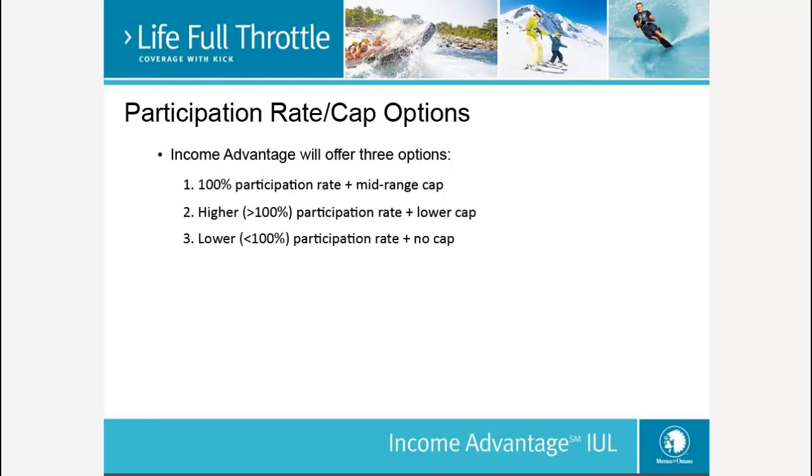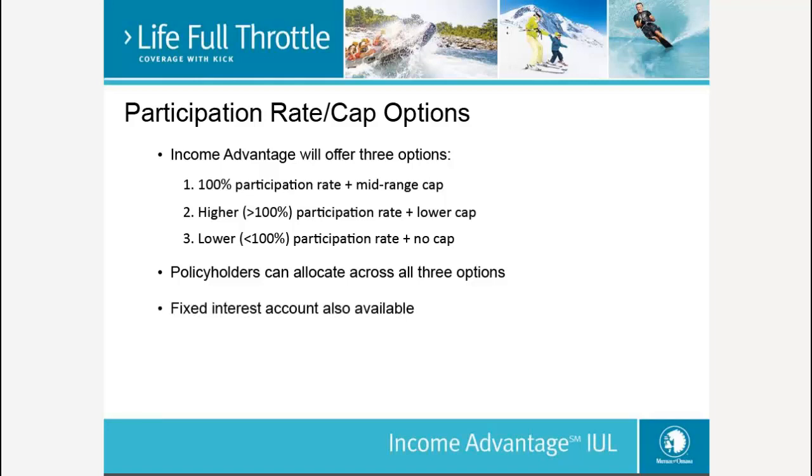The third option will provide a lower variable participation rate under 100% with no cap rate. Policyholders can allocate their account values and future premiums across any of the 3 strategies. In addition, a fixed account will be available that will function similar to our current IUL policies.